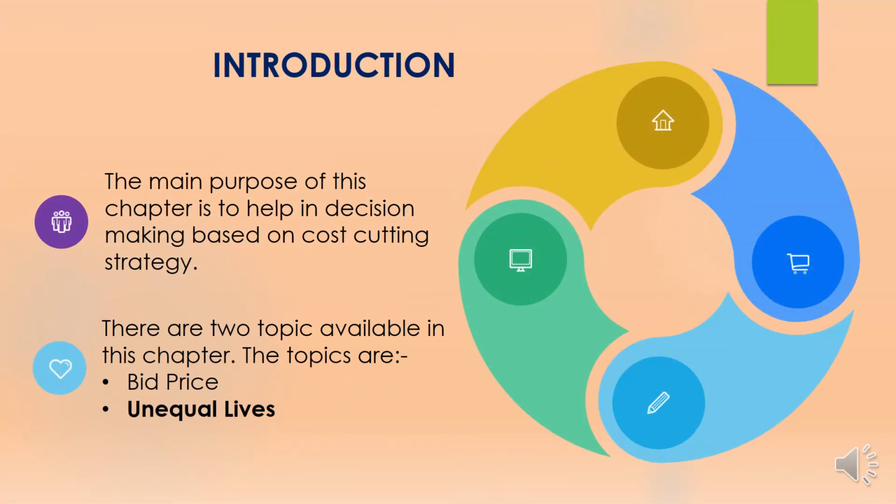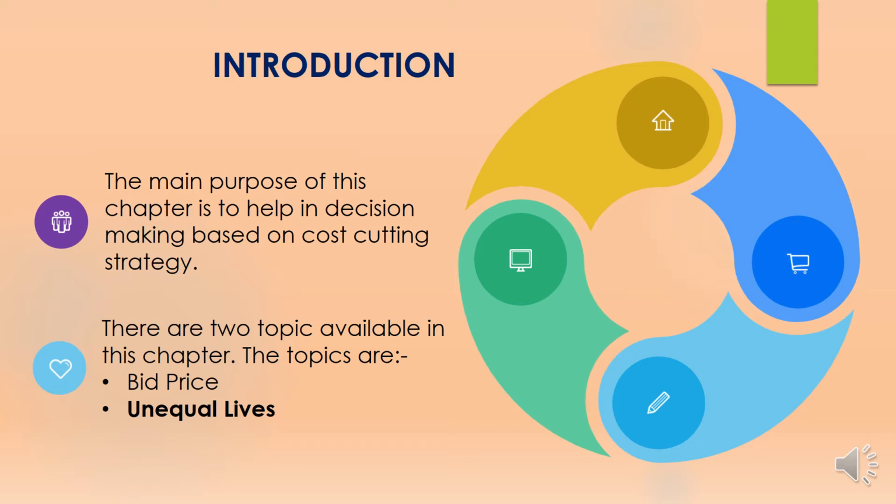As an introduction, the main purpose of this chapter is to help in decision making based on cost cutting strategy. There are two topics available in this chapter: bid price and unequal life.